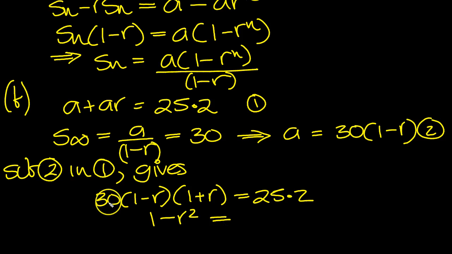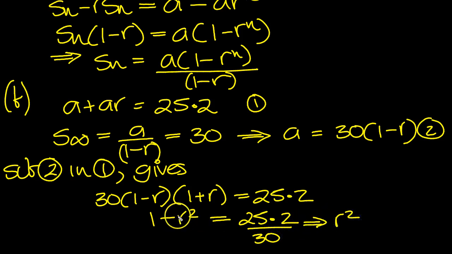And then we can also move the 30 from times on one side to divide on the other. So now that we can read off r squared, move the r squared over here, and move this fraction over to be with the 1. So it will equal, reading from right to left, 1 minus 25.2 over 30.